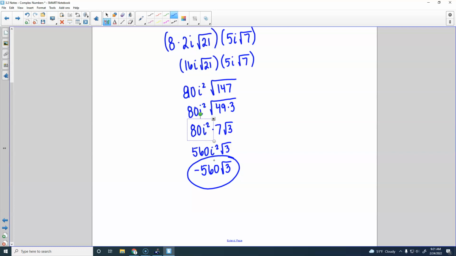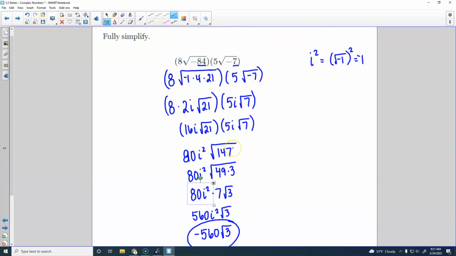I taught this wrong last year, so that's why I had to pause for a second. Because if you multiply from the very beginning, so if you do 8 times 5 is 40, and then you do 84 times 7, you're going to get 40 times 588. That seems like it would be an easier way, especially if you're using your calculator. So 588, let's see, does 144 go into that?